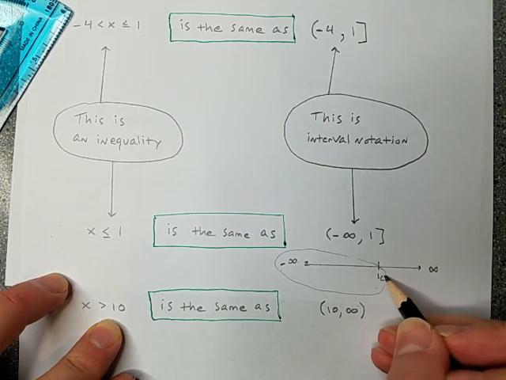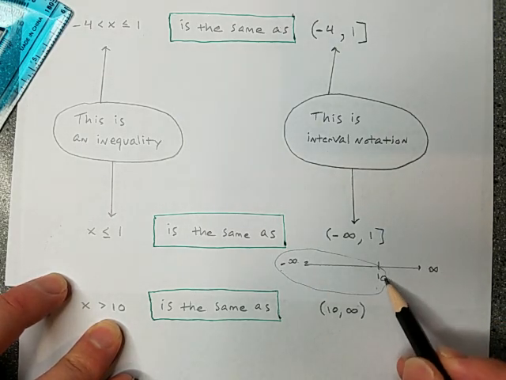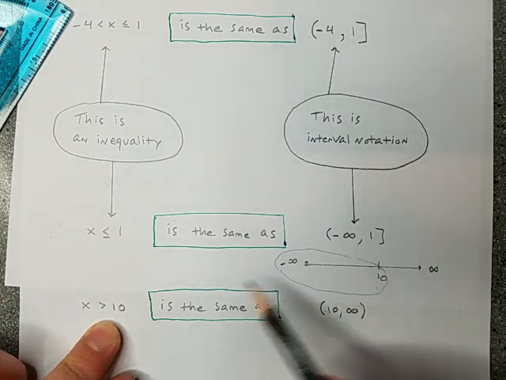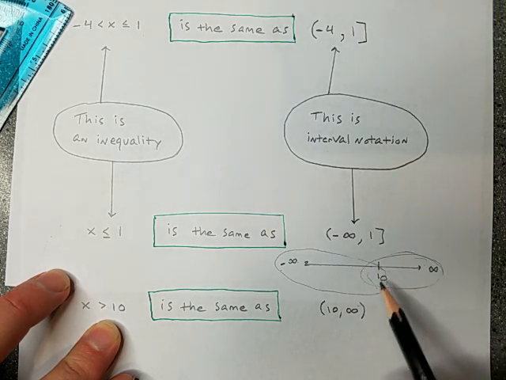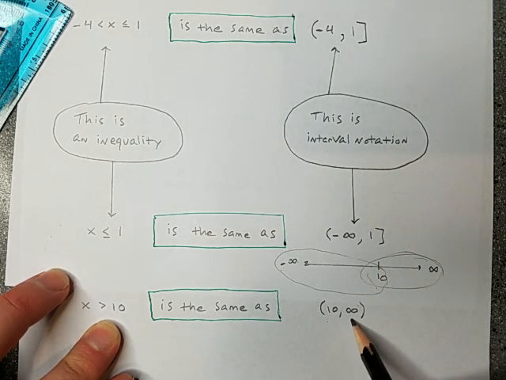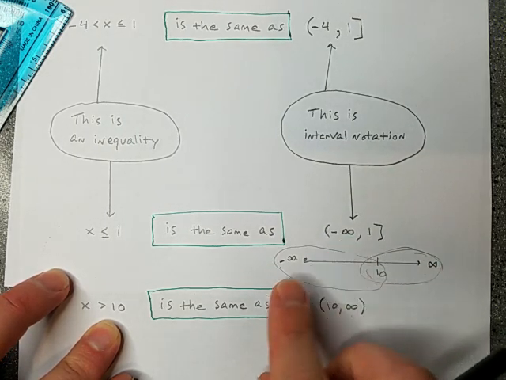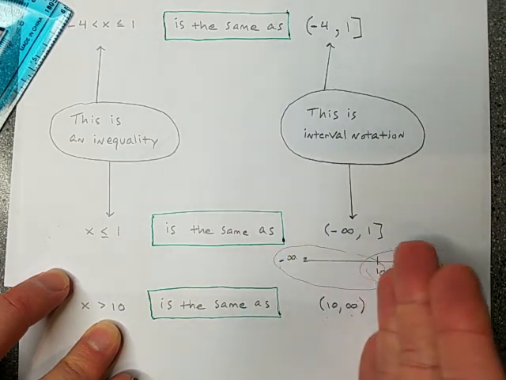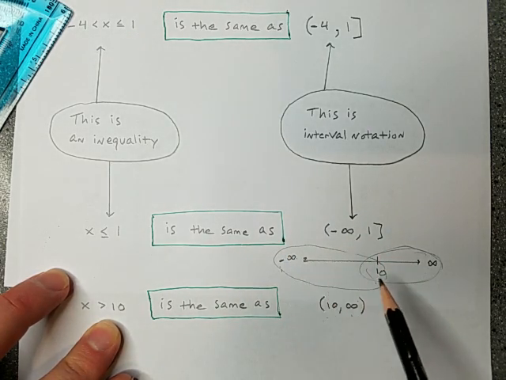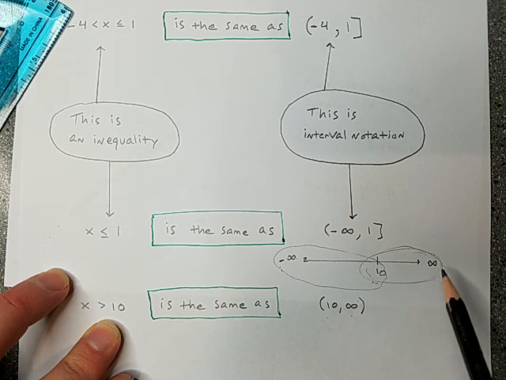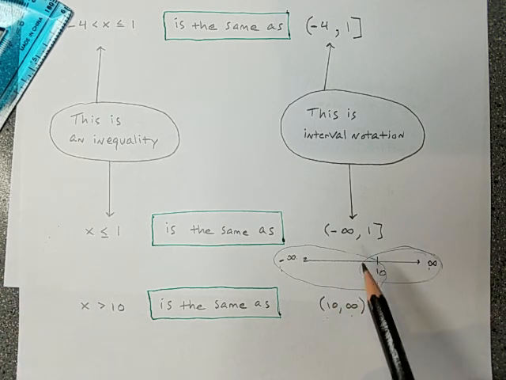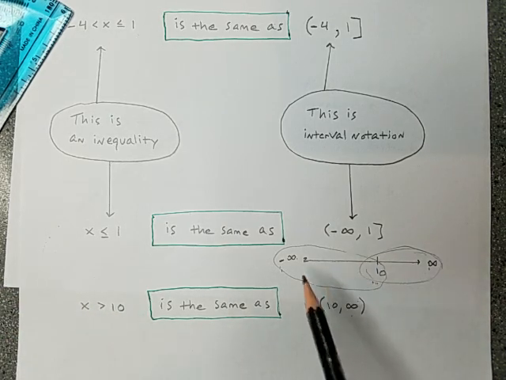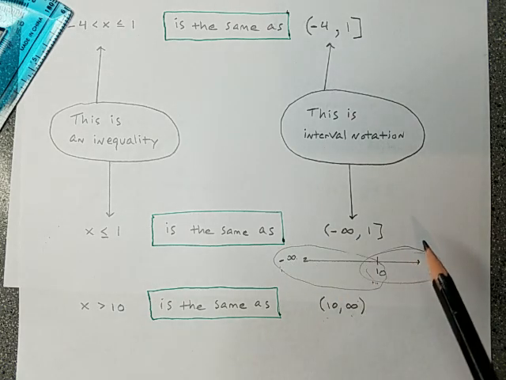If that was the number line, that's 10, I'd say, where are all the numbers greater than 10? They're out there, so they're from 10 to infinity. The inequalities always look the same as the number line. We read it left to right, negative infinity to 1, and 10 to infinity. It's in the same arrangement as the number line.